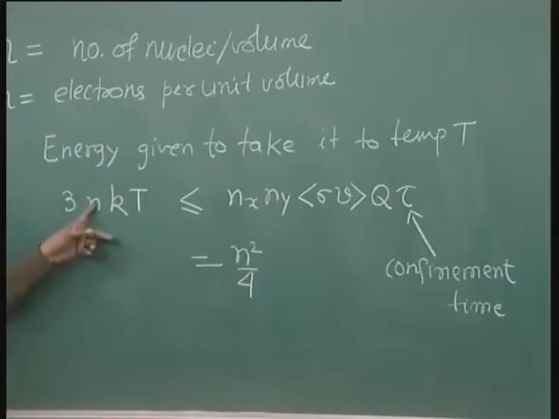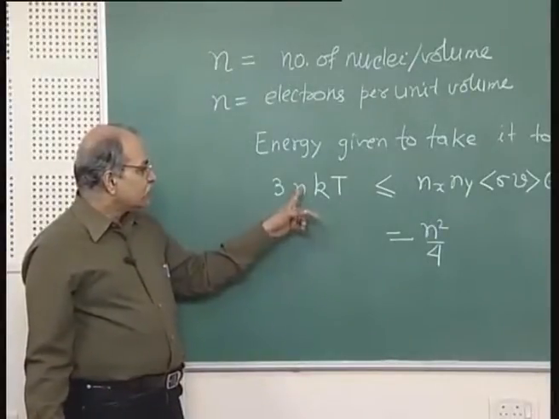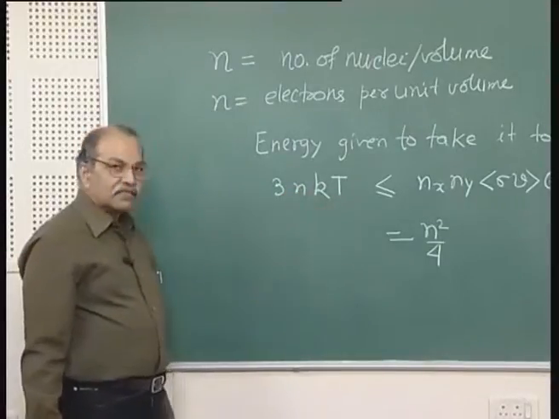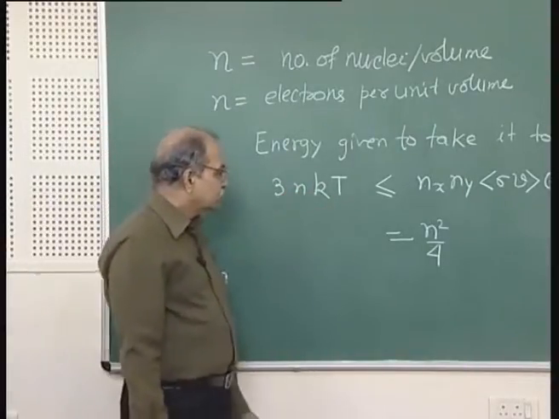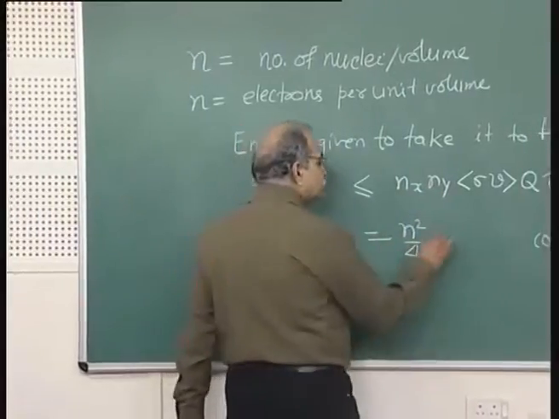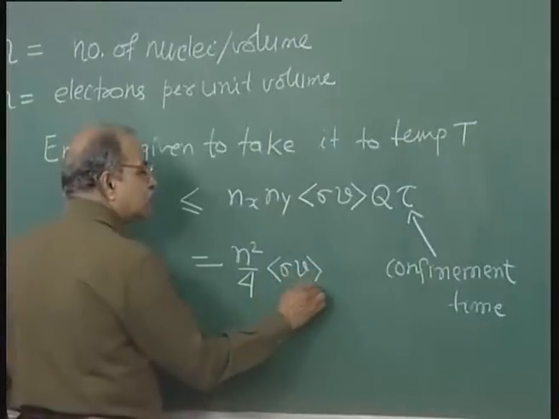Remember, this n we are taking as the total concentration of X and Y. So, total concentration of nuclei is n, and half for deuteron and half for triton. So, this is n by 2, this is n by 2. So, n square by 4 sigma v Q tau.